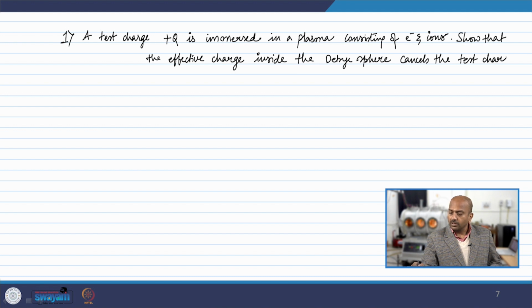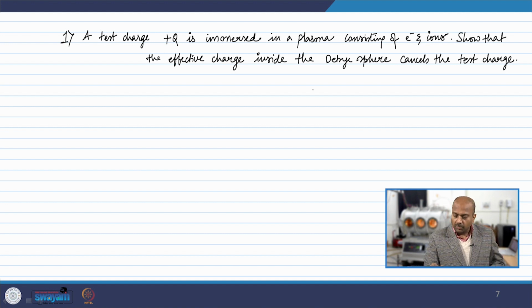This is the concept itself. We have learnt that if you put a positive charge, the electron cloud will be sufficient to nullify this positive charge. So, to prove this, the total charge in the electron cloud will be minus Q.